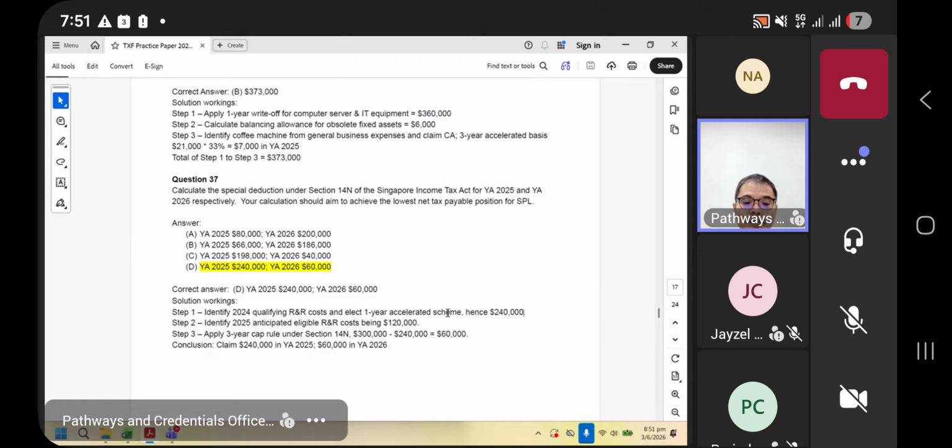So the correct answer is for YA 2025, you can claim 240,000, and for YA 2026, although you have spent 120,000 on renovation, there's a cap of 300,000, so the balance that you can claim is 60,000.